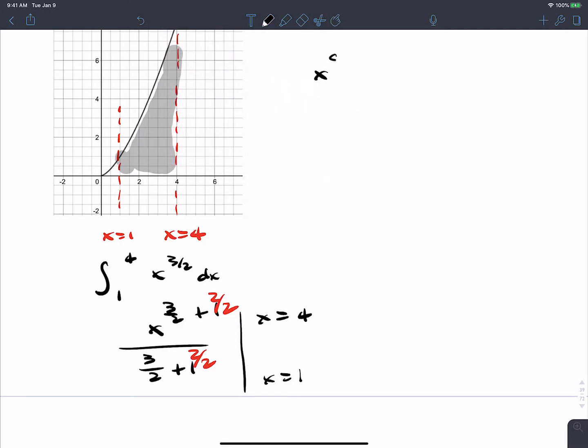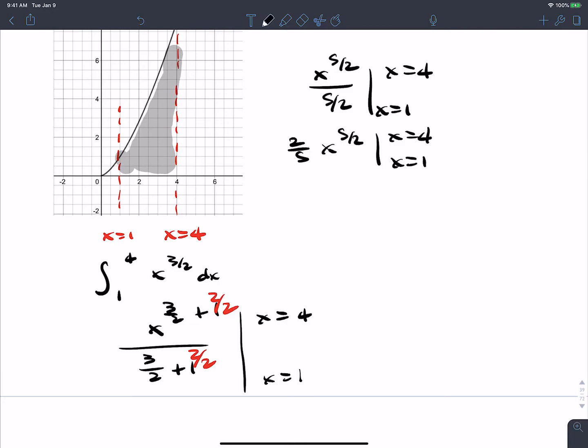So this is x to the 5/2 over 5/2. We evaluate that from x is 1 to x is 4, which is 2/5 x to the 5/2, 1 to 4.